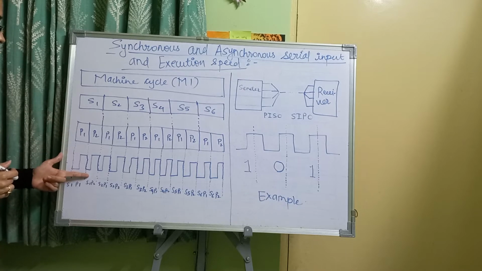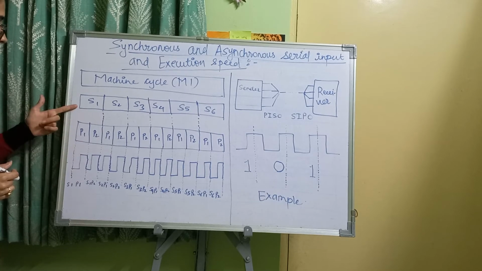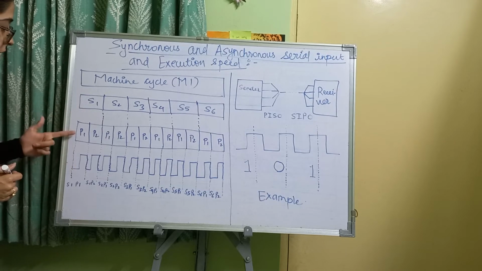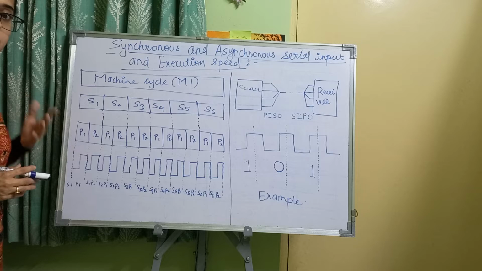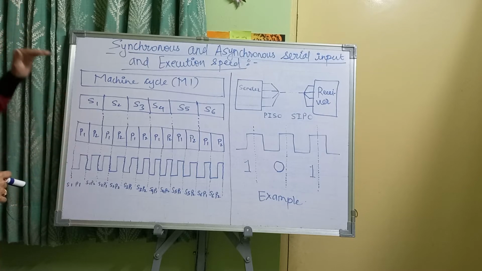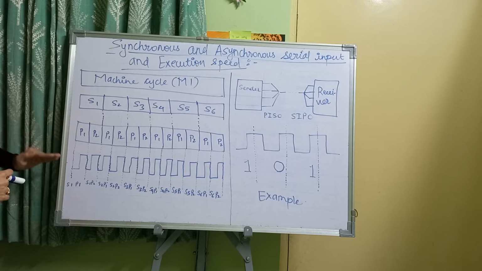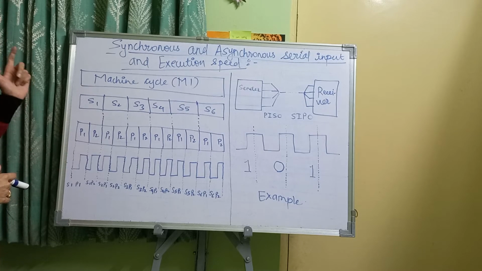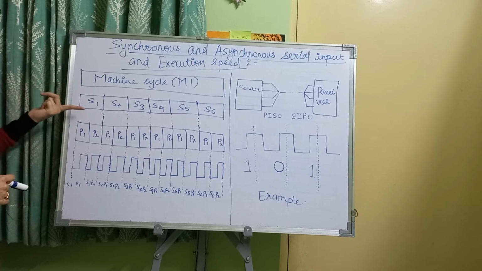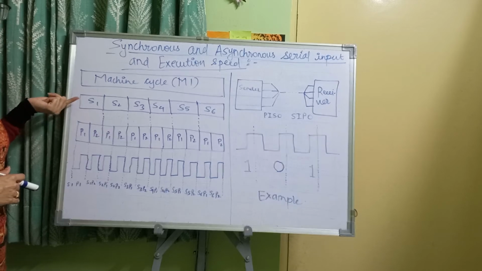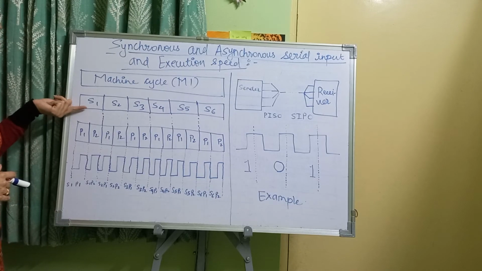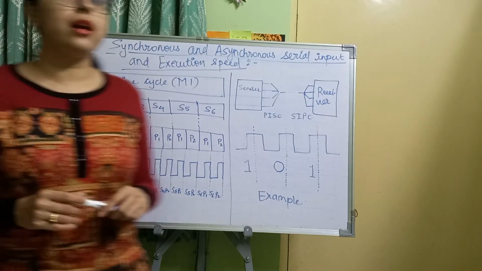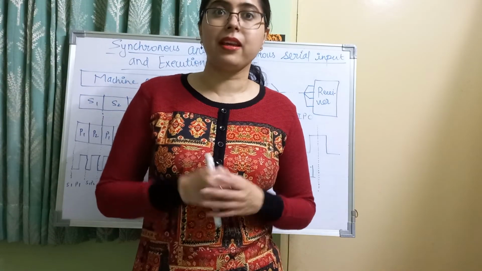I have drawn the diagram. See, there are two clock pulses. So a T state consists of two clock pulses which have the periods P1 and P2 respectively. So in one machine cycle there are a total of 12 clock pulses. The machine cycle consists of 6 T states, and 1 T state consists of 2 clock periods. I hope you have understood the concept of machine cycle.